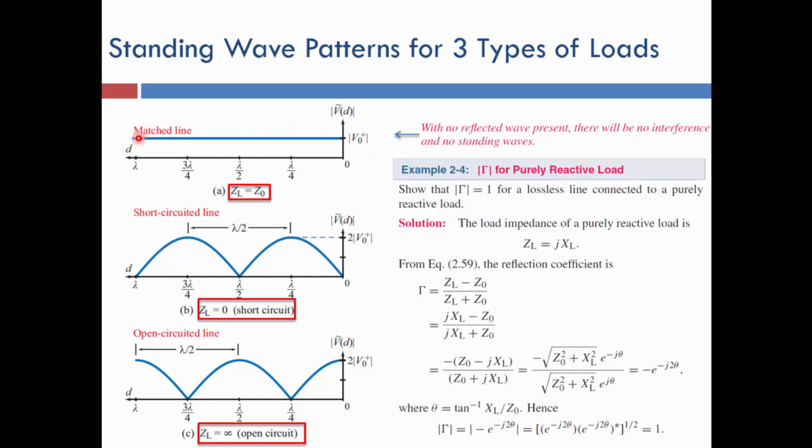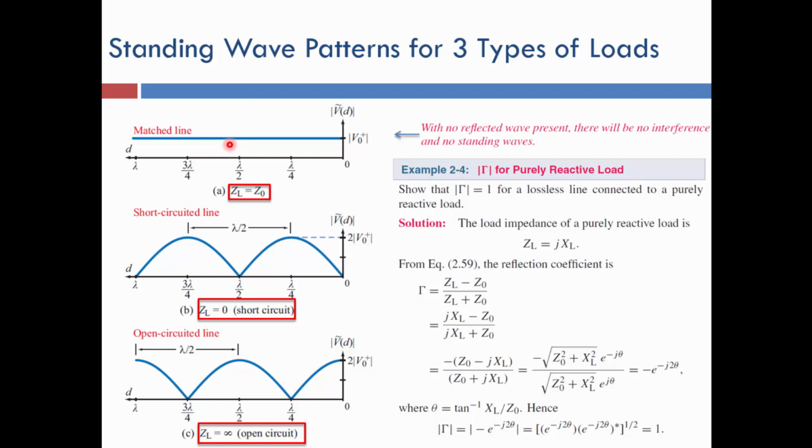So for the standing wave ratio, if we have a matched line, that means the characteristic impedance of the transmission line is equal to the load impedance. So there is no maximum and minimum, because there is no superimposition standing wave along the transmission line. So the ratio between maximum and minimum is equal to 1.